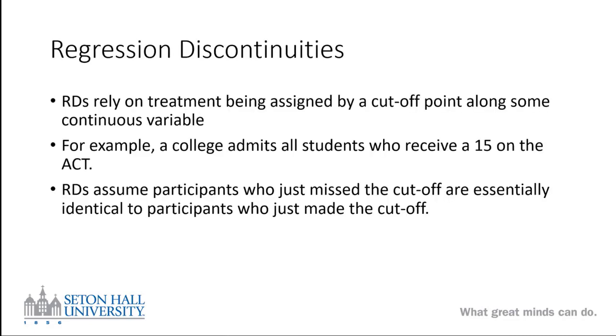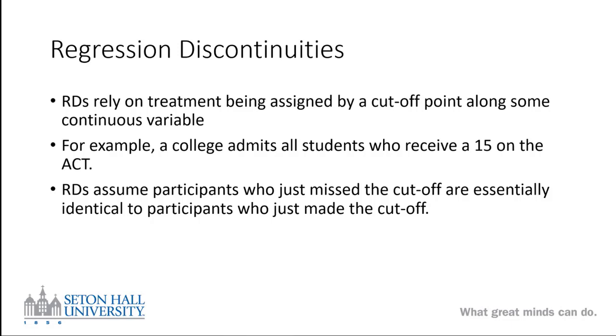So the way regression discontinuities work is they rely on a treatment being assigned by some cutoff point along some continuous variable. So let's imagine a college, right? And a college that has the most simple admissions policy ever, where it will admit every student who receives a 15 on the ACT. So if you're a student, you receive a 15 on the ACT, you are admitted to that college.